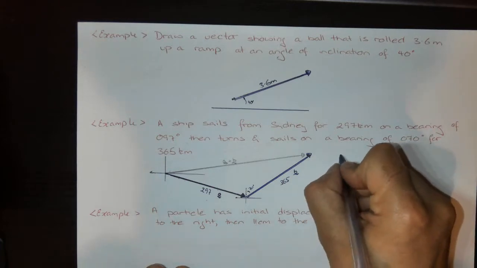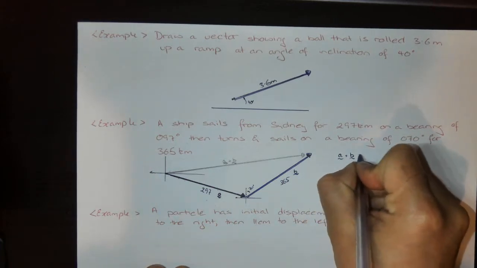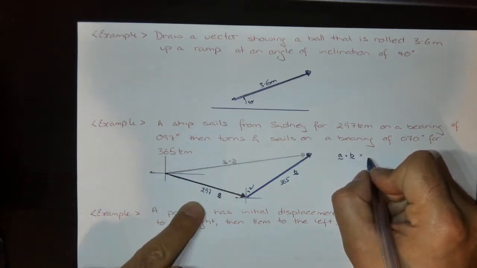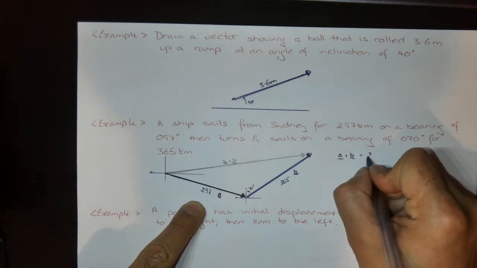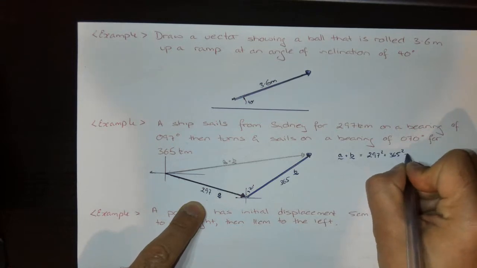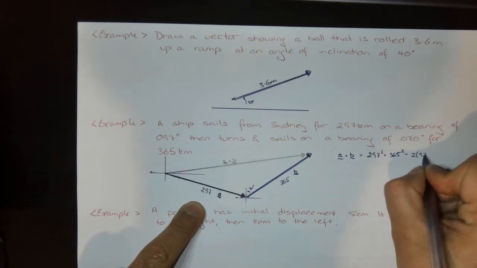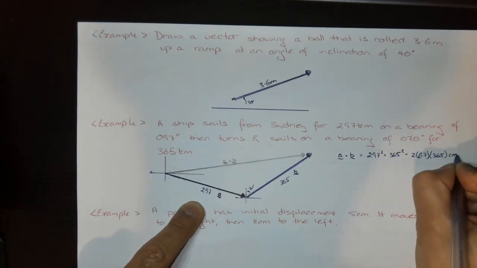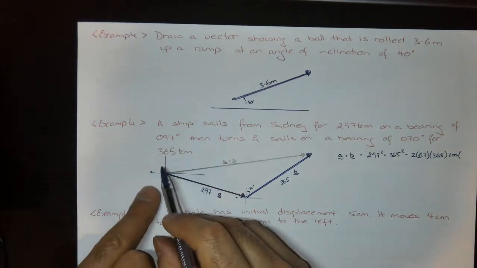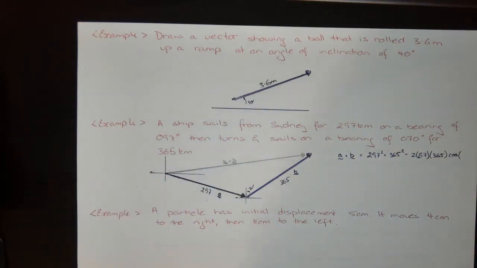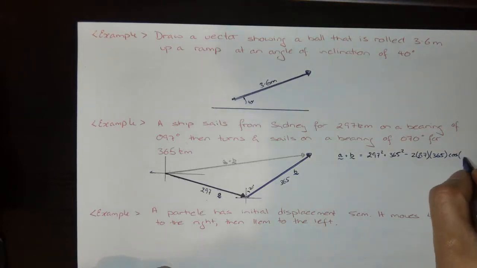So vector A plus B is going to be 297 squared plus 365 squared minus 2 lots of 297 times 365 cos, now 180 minus 97 is 83, plus 70.